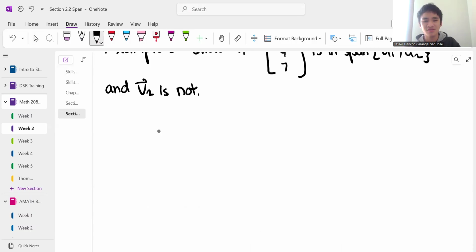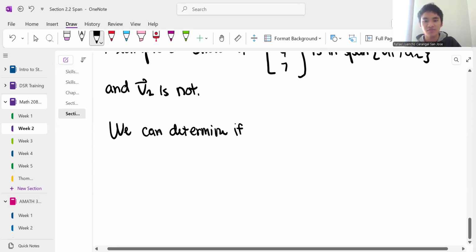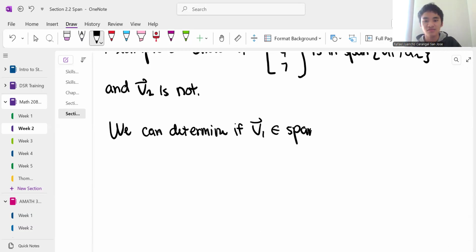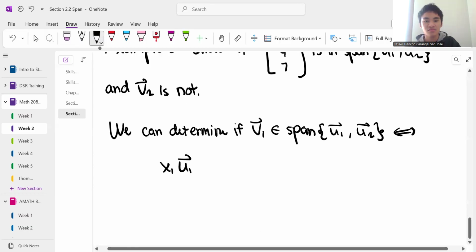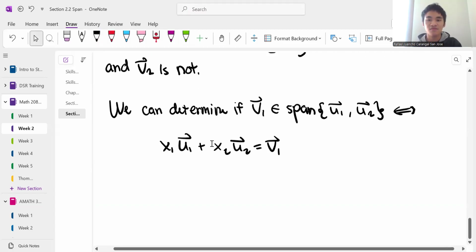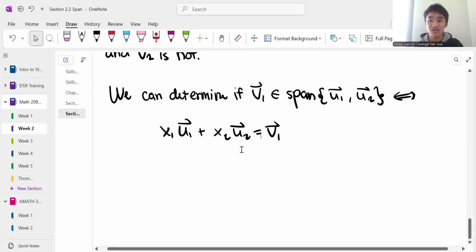The only way to determine, I'm going to write this a bit mathematically: v sub 1 is in the span of u sub 1 and u sub 2 if and only if we can write v sub 1 as a linear combination of the two vectors that are in the span.